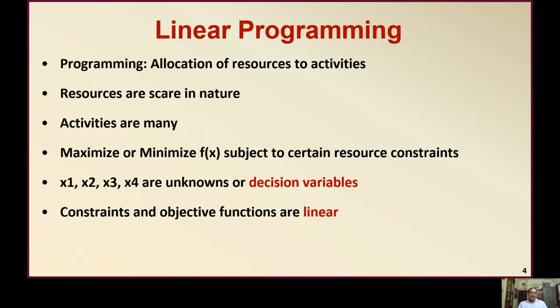So we cannot get as many as we want, and that is where we have to maximize or minimize the objective function. How can we best utilize the resources so that the objective function value is the best possible, and the decision variables, that is the xi's, have the optimal values? And as I said, both the constraints and the objective function are all linear.